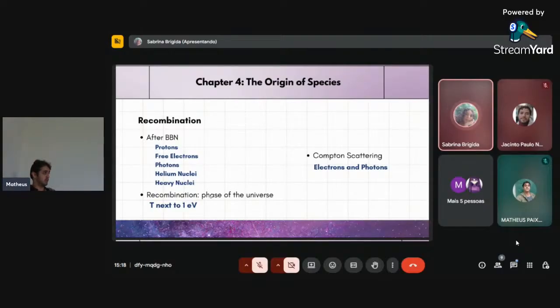From this temperature here, close to 1 electron volt, the number of photons with enough energy to interact with electrons decreases. So the hydrogen that is formed stops being ionized by them, and neutral atoms begin to form. So we have the recombination here.